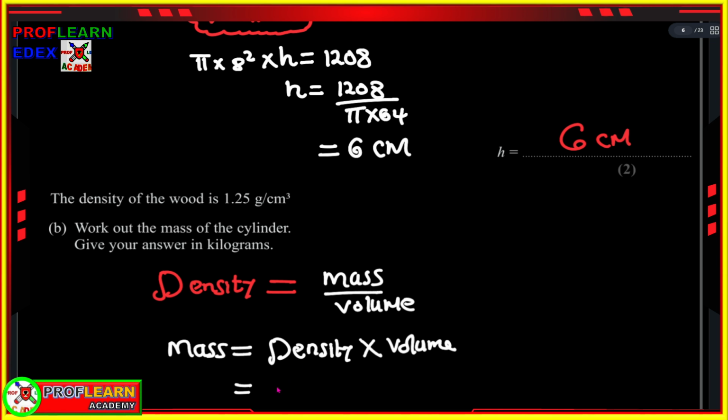Our density, we have it as 1.25 times the volume, which is 1208, which is equivalent to what? 1.25 times 1208. If you work it out, you are going to get your answer equivalent to 1510 grams in this case.